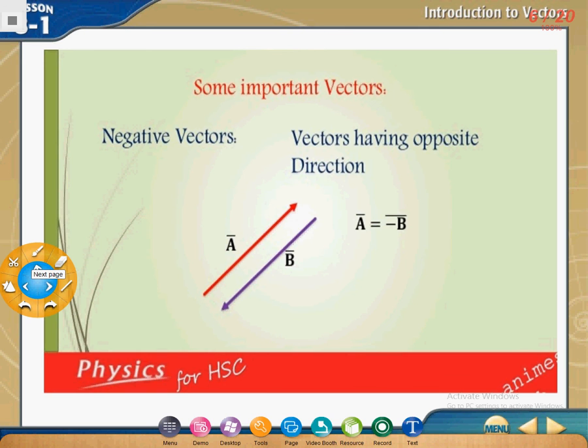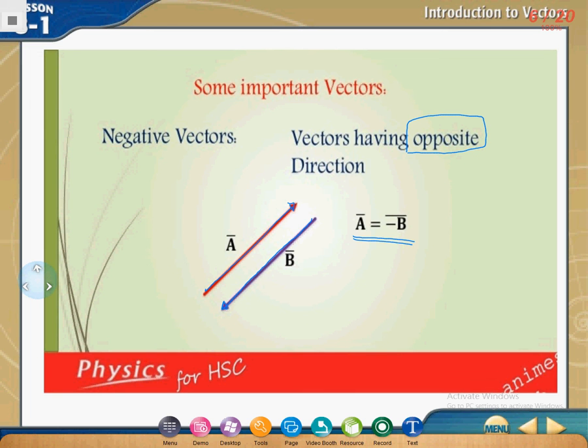Negative vectors. Negative vectors have the same magnitude, but opposite direction. This is so important. Opposite means if one is going up, the other should go down. If one is going left, the other should go right. Can you see this? The arrow is going up here, and in the second one, the arrow is going down.